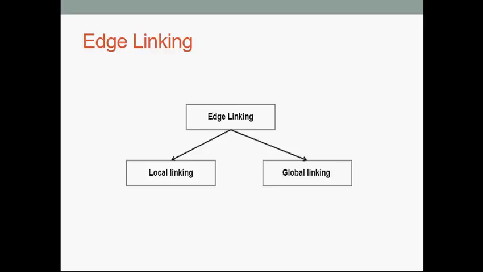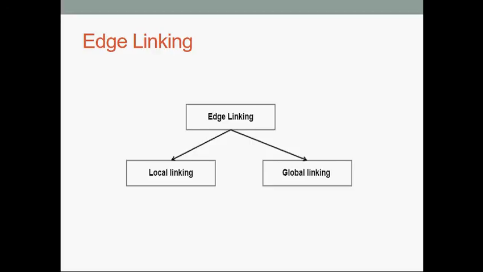Now we have to link these points in order to efficiently show what the edges are. That's why edge linking comes into the picture. Edge linking just links the edges to show a clearer and very good view of all the edges that are taken.